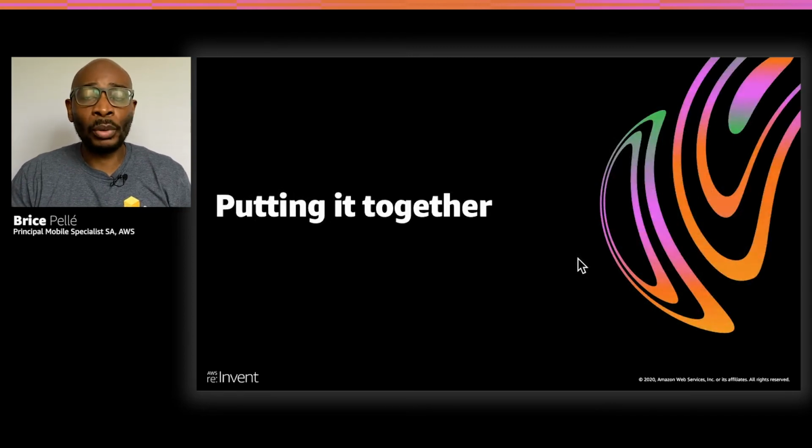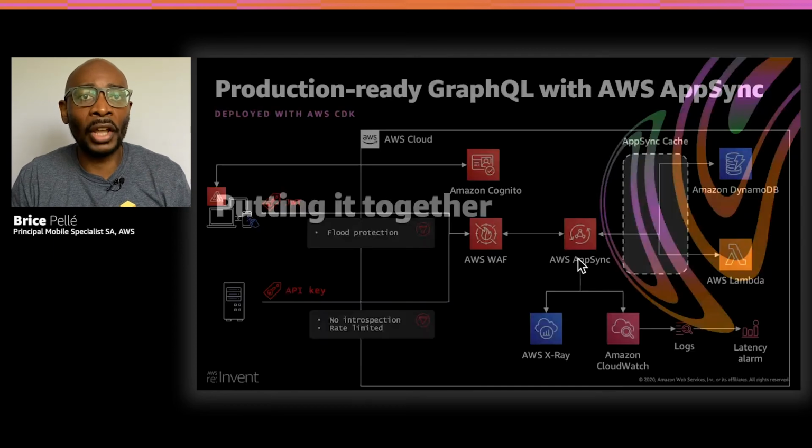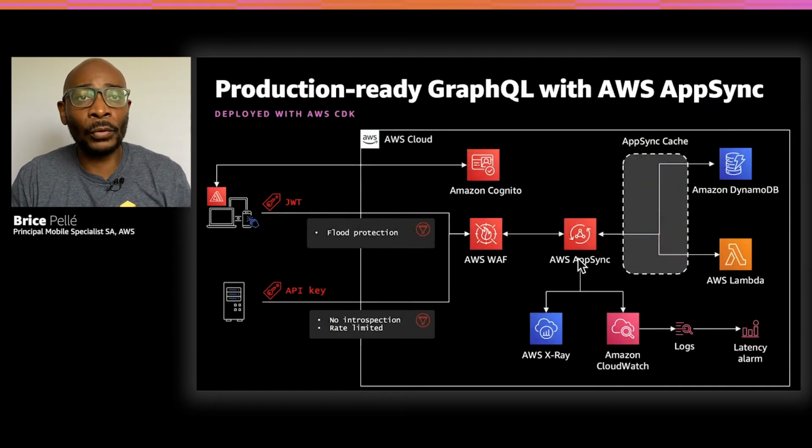So we've looked at protecting your accessibility, protecting the availability, and protecting the performance. So these are different components that can really help you build APIs and get them ready for production. And when you really put it all together, you end up with an infrastructure that you can easily deploy on AWS. So AppSync integrating with these different services to build an infrastructure that's ready for deployment.